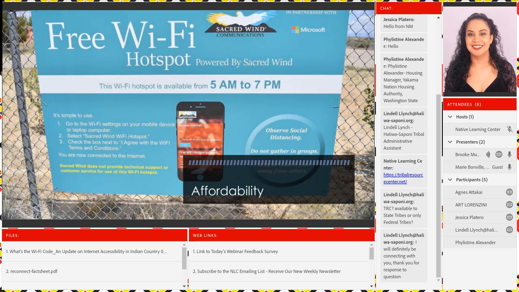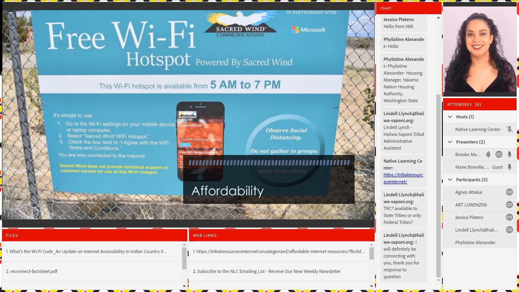So there are programs that go hand in hand. If they're living in affordable units, or if they are on SNAP, or even if they're veterans, there are a couple of resources they can use to afford it. One of which is called Lifeline.